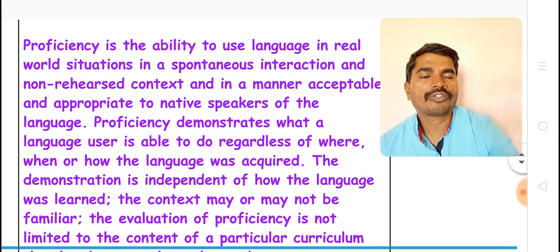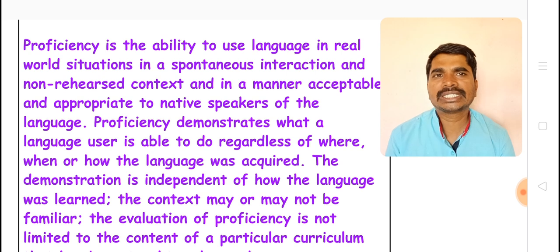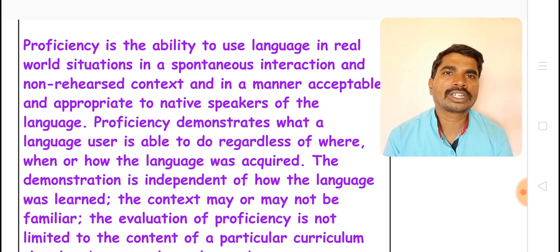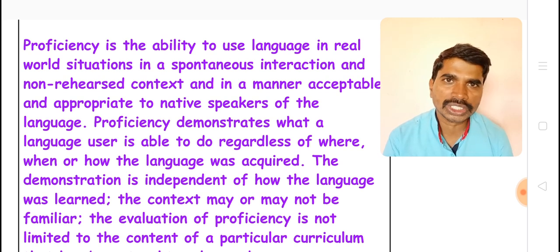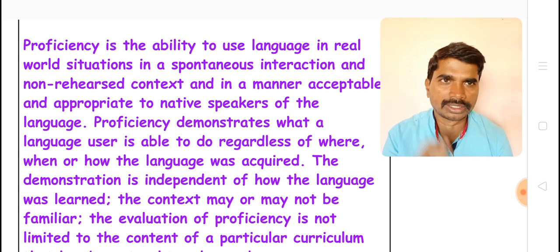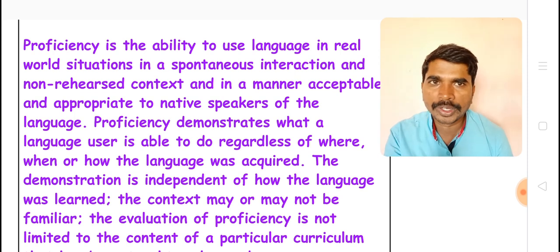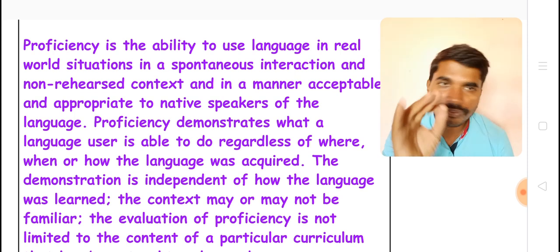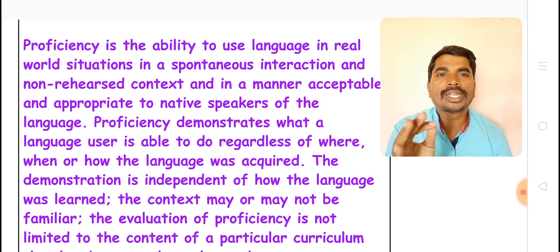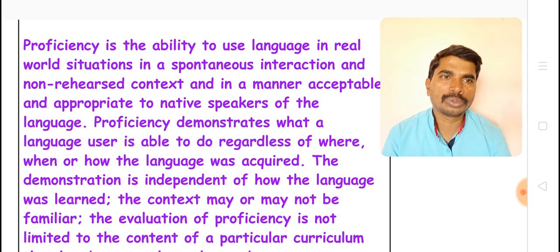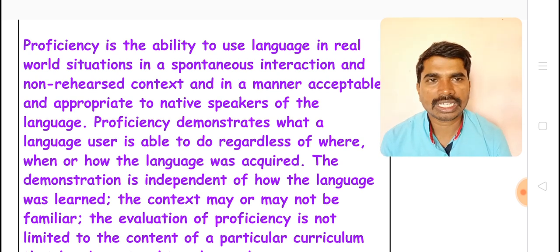Next question, proficiency. Let's see what proficiency is. Proficiency is the ability to use the language in real world situations, in a spontaneous interaction and non-rehearsed context, and in a manner acceptable and appropriate to native speakers of the language. Proficiency demonstrates what a language user is able to do regardless of where, when and how the language was acquired.